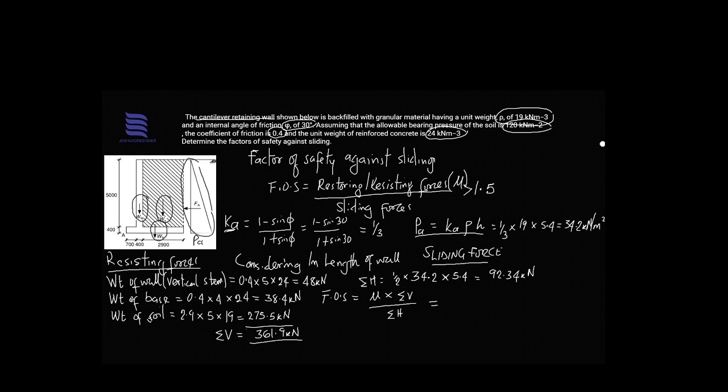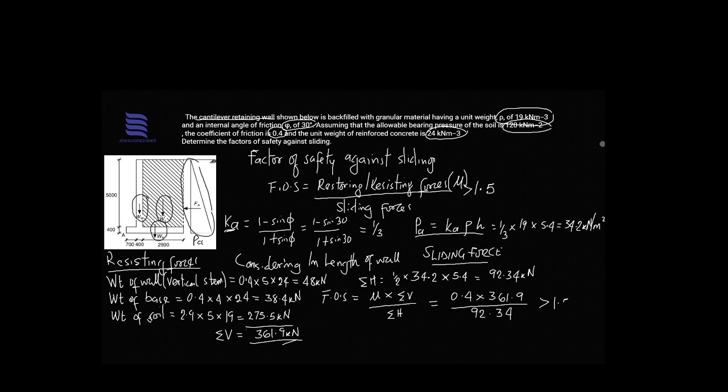So this should give 0.4 multiplied by the summation of the vertical forces, 361.9, divided by the horizontal force, 92.34. Now these together will have a value which must be greater than 1.5.